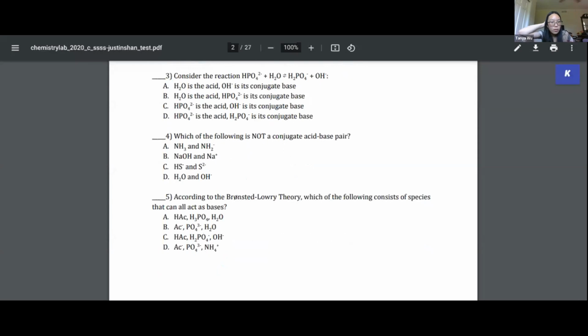For number 3, you guys should try this one first.